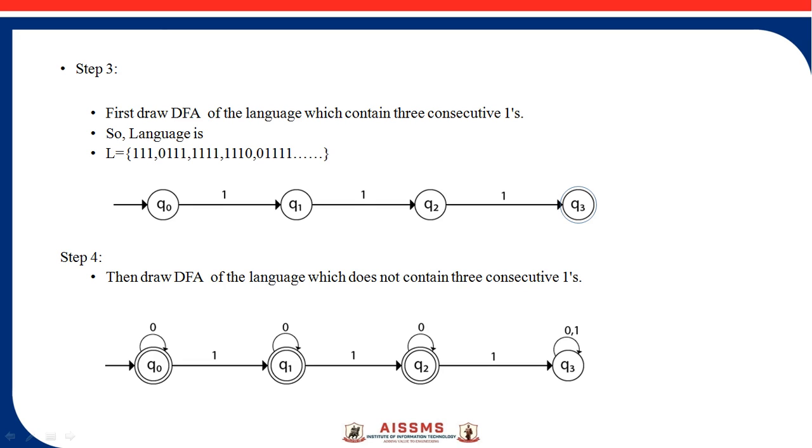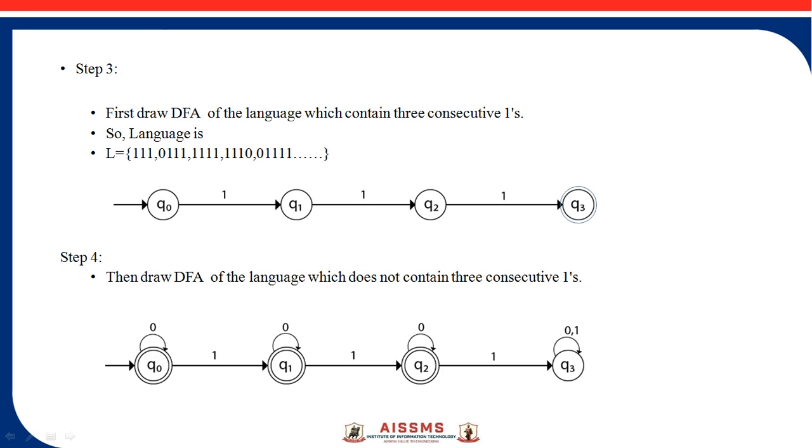same as any number of zeros can occur in the middle of a double one, or any number of zeros in the 111 also. So the transition on symbol 0 for state Q1 is also a self loop towards Q1, and the 0 transition of Q2 is also a self loop towards Q2.